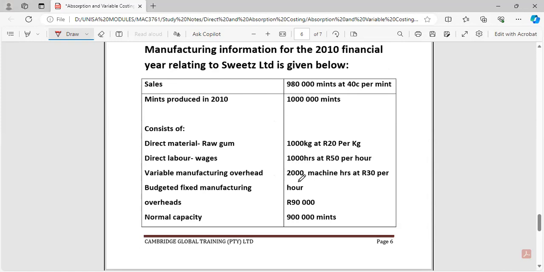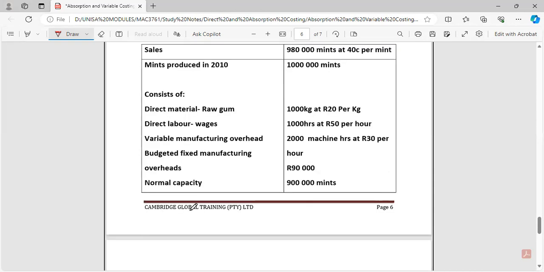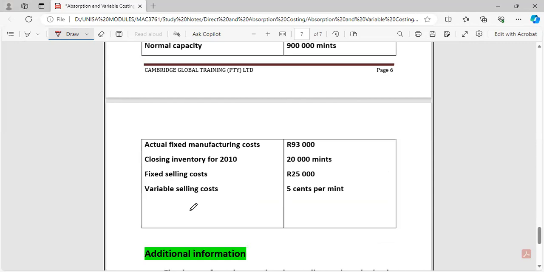Variable manufacturing overhead, budgeted fixed manufacturing overheads, normal capacity, actual fixed manufacturing cost. Remember, this is where you will get your over and under. These are the actual. So you are going to compare these actual and your absorbed manufacturing overheads. Then you will see if it is an under or over.